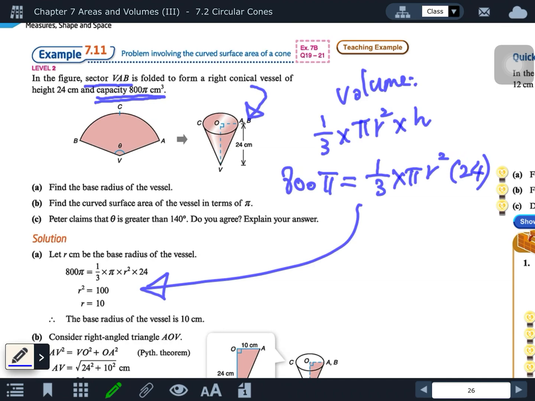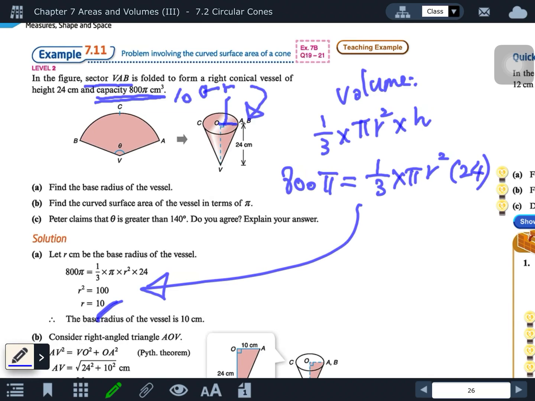Remember what r is in this case, which is OA. The r is the radius of the base of the cone. So we know the radius is 10 now.